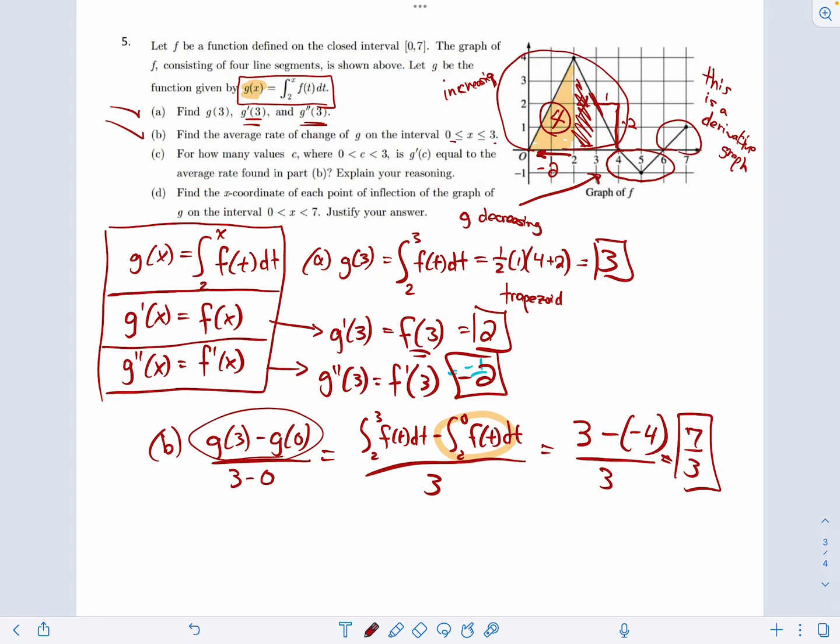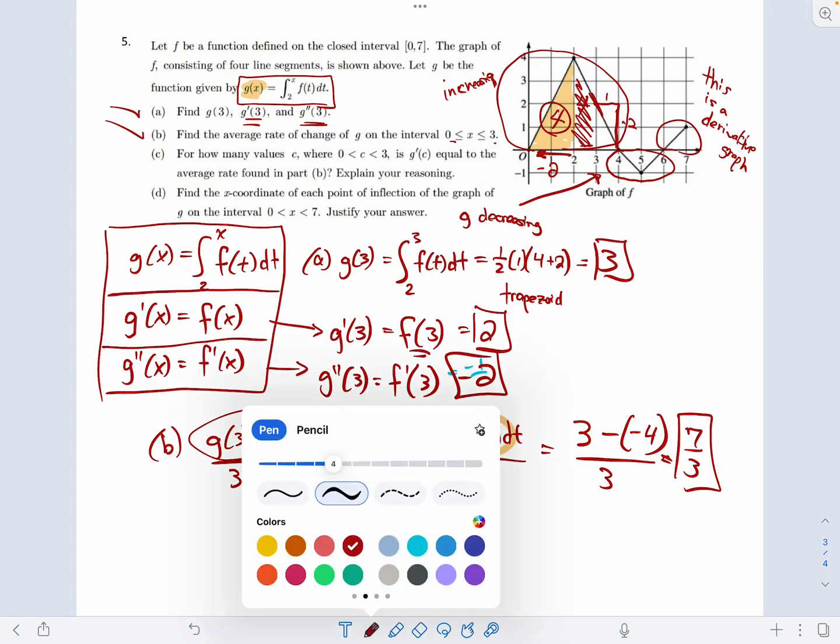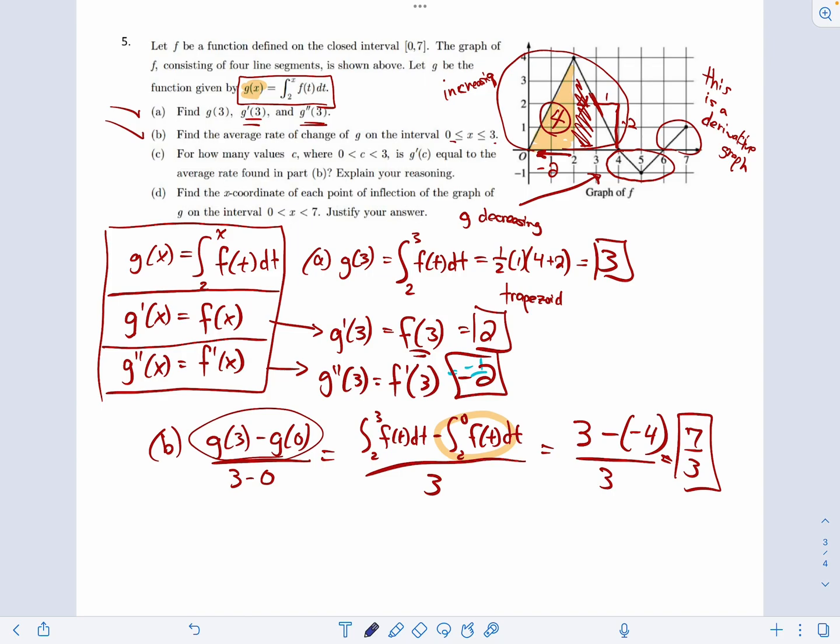For part B, let's see, give us some space here. Part C, for how many values C, where C is in between 0 and 3, is G prime of C equal to the average rate found in part B?